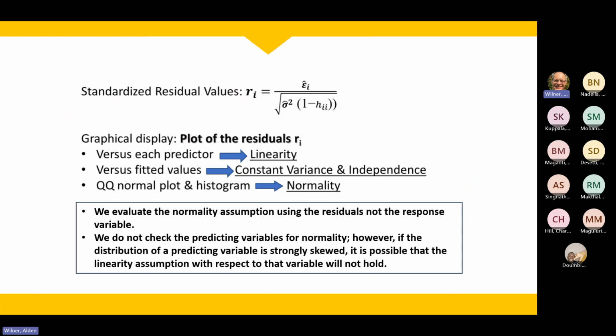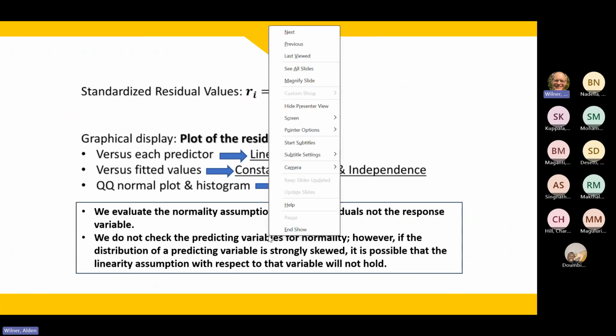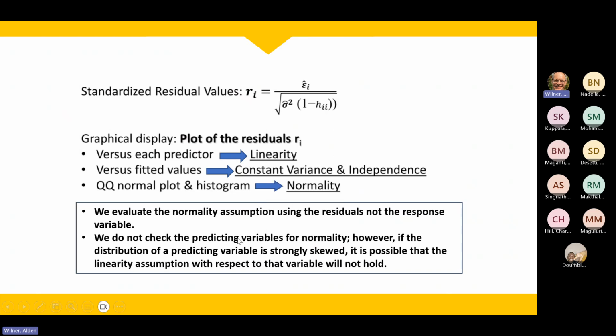However, if we see really skewed predicting variables, where all the numbers are clustered in one clump, it might not be normal. If you haven't collected your data correctly and you have a feature where all the values are the same or similar to the same, then maybe you've got a feature that you don't need to have in your model.